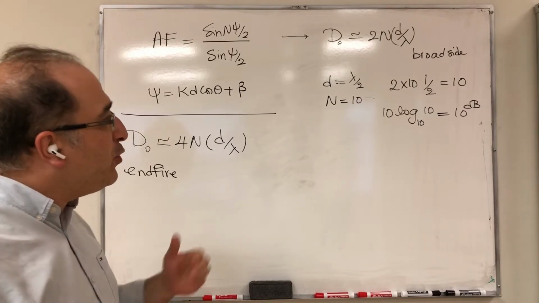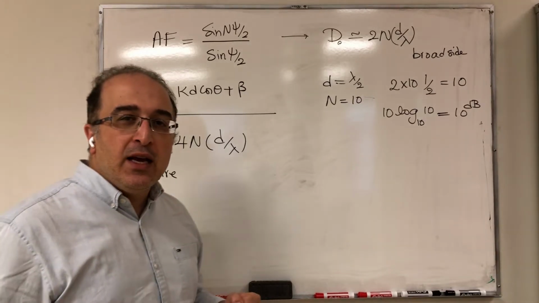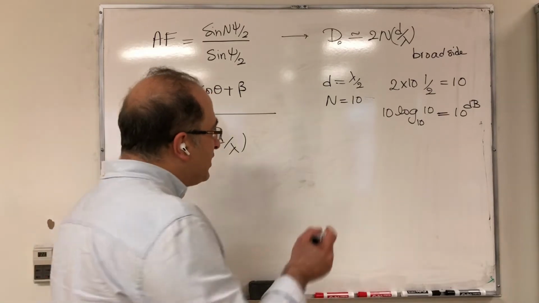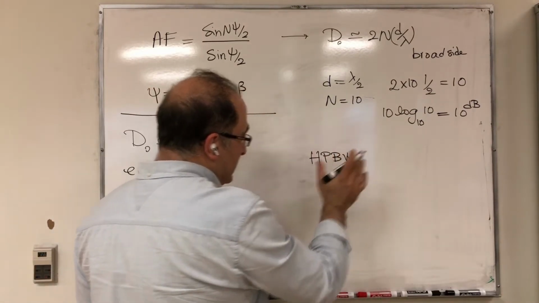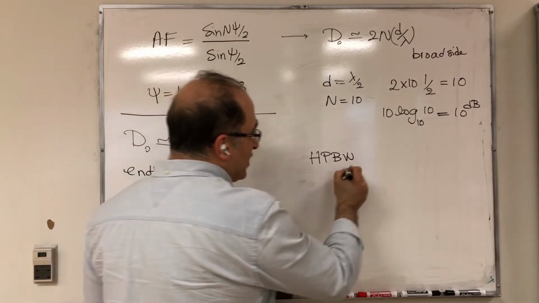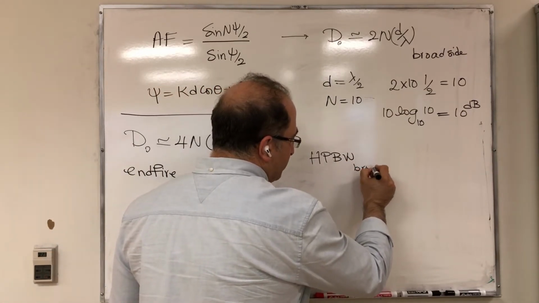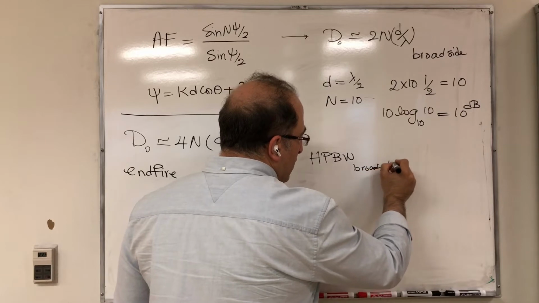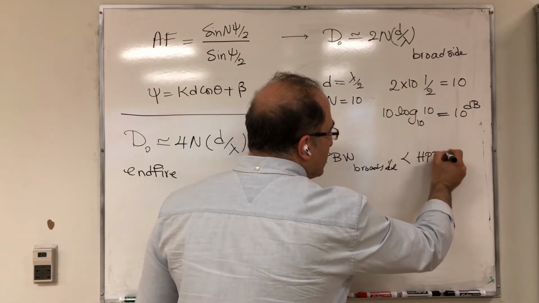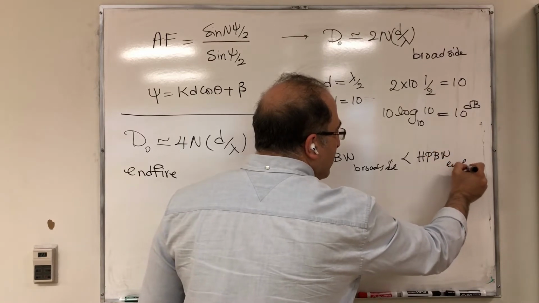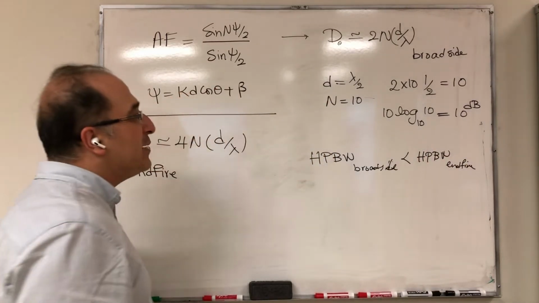But then if you compare the half power beam widths, it becomes a bit confusing: comparing the same thing, the half power beam width of the broadside would be smaller than the half power beam width of the end fire when we are comparing under the same situation.